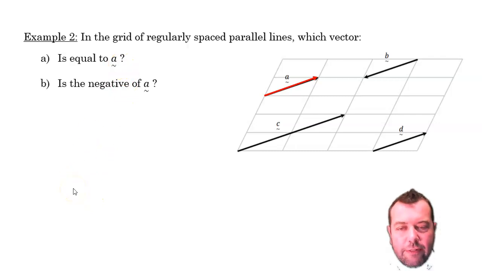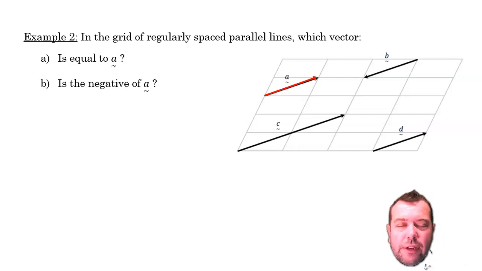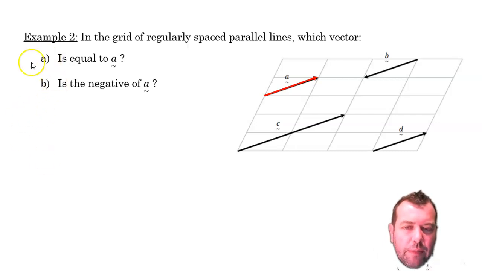But what about the negative of A? Well, for the negative of A, it's a bit like multiplying A by -1. So I can multiply a vector, which has magnitude and direction, by a scalar that's just magnitude, and increase, or I suppose decrease, the magnitude of that vector. So if you like, C is like A times 2, 2A.